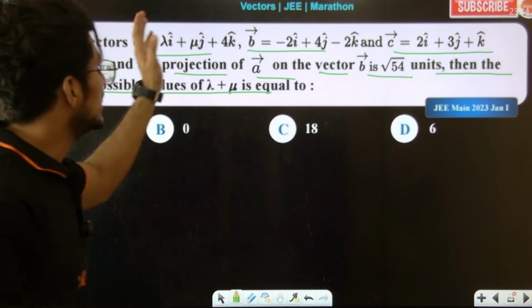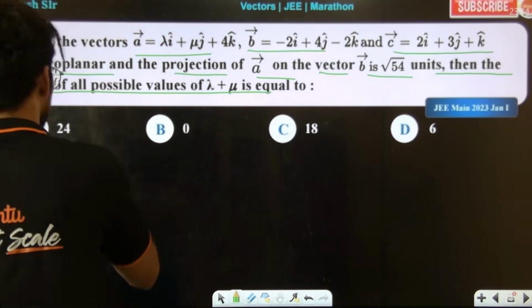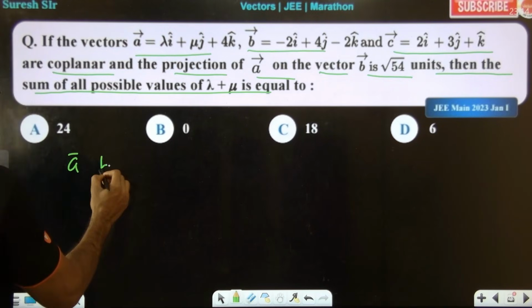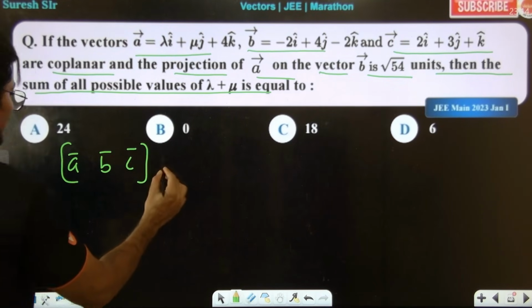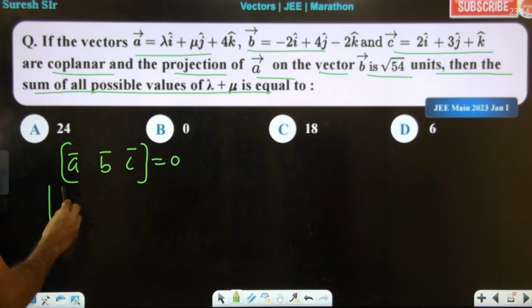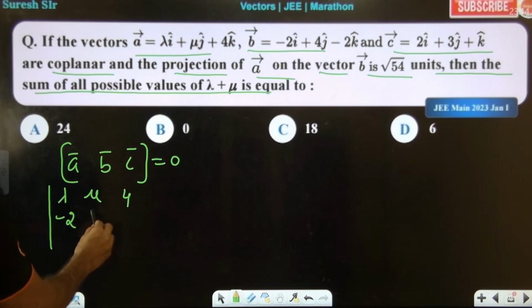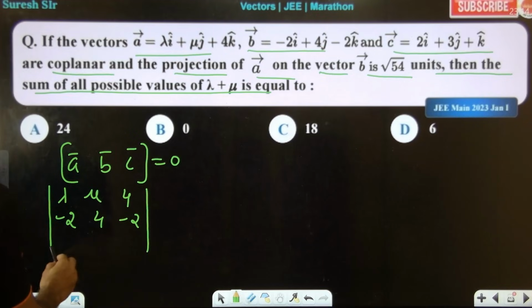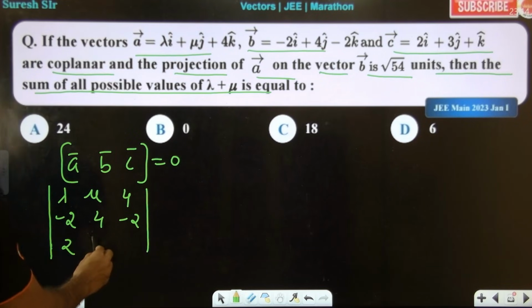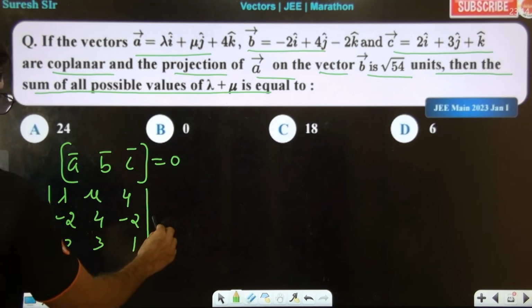See, A, B, C are coplanar. They are coplanar means box ABC is 0. As simple as that. Check: box ABC is 0 means the determinant with rows alpha, lambda, mu; 4, minus 2; and 2, 3, 1 is equal to 0.